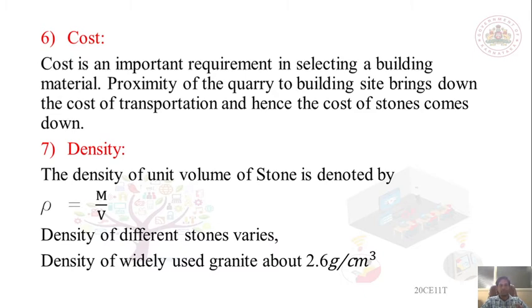Suppose you want to choose a building stone at Bangalore, say at KR Circle nearby Vidhana Soudha, that stone should come from the outskirts of Bangalore or even from some other cities. So the cost of transportation of the material from that place to here will cost you so many rupees. If you are constructing your house somewhere nearby a quarry, then the transportation cost will be less. Eventually that will affect the material cost. This is also an important parameter.